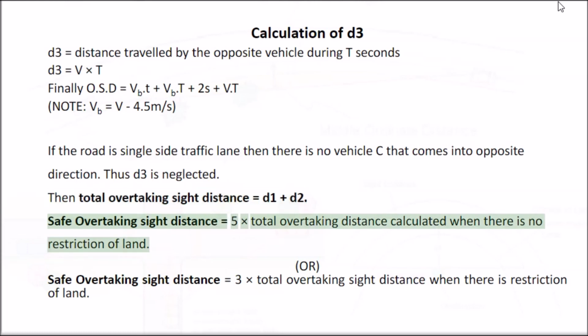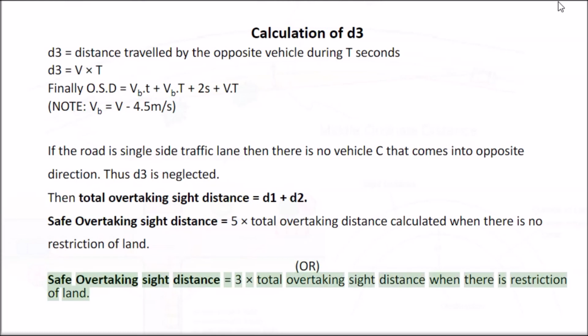Safe overtaking sight distance equals 5 times total overtaking distance calculated when there is no restriction of lane, or safe overtaking sight distance equals 3 times total overtaking sight distance when there is restriction of lane.